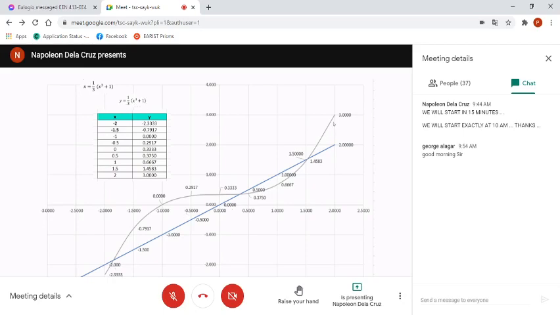Nandiyan pala yun. Tinuturo ko pa. Ito yung graph na yun.